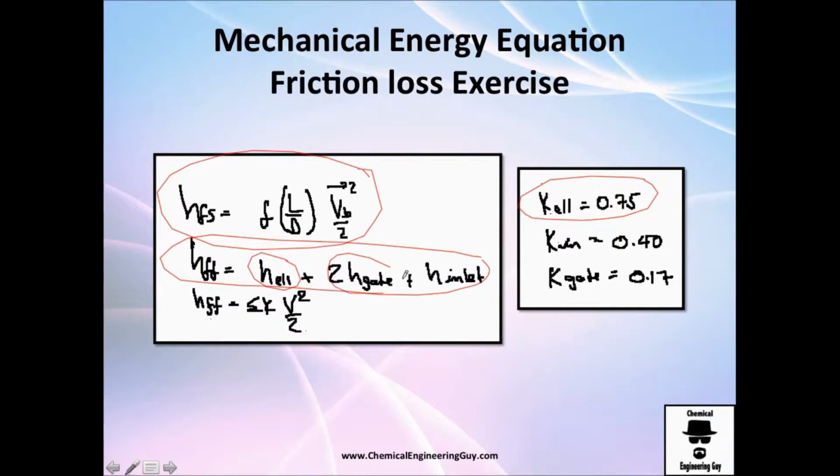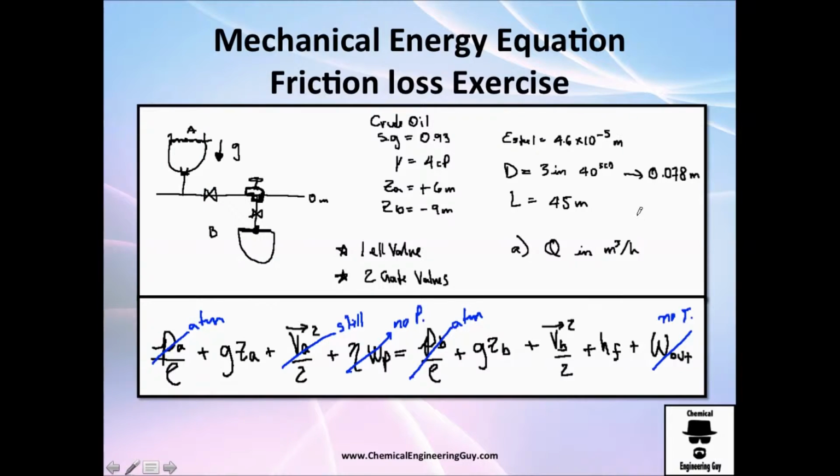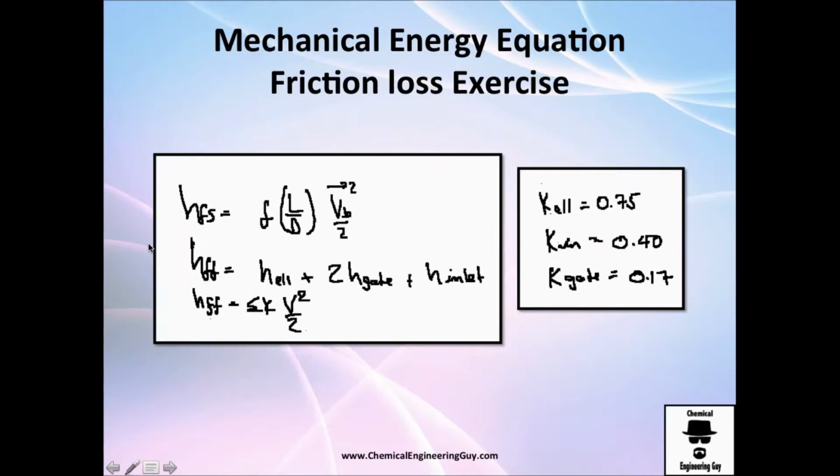We have 2 times the friction of the gate valves, and we have 1 friction due to the inlet, which is right here. Don't forget, guys, this little fitting right here will cause a friction loss. So once again, we just need this and this. The K values I found in my databases are these, so we're set.